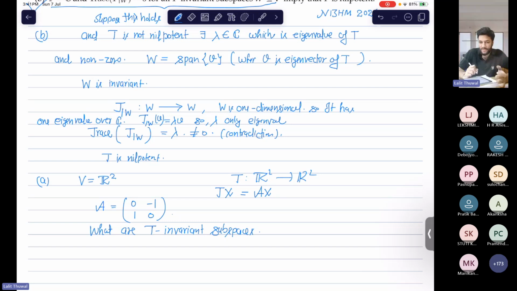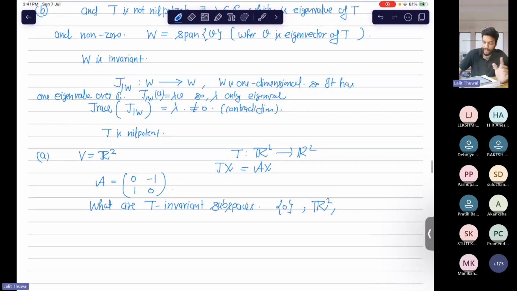The T invariant subspaces are 0 and R square, and no other. Why no other? Because if you have a T invariant subspace other than the trivial 0 or the whole R square, then it must be one dimensional, right? Because if the dimension is 0, then it is 0, and if the dimension is 2, then it is going to be the whole R square. The dimension must be 1.